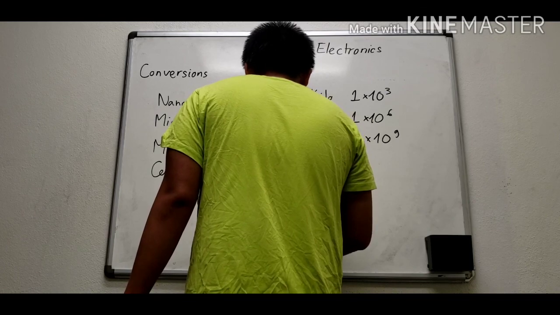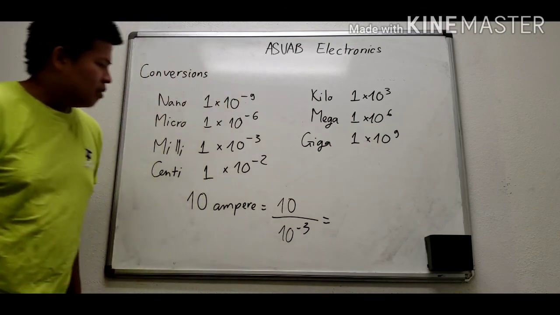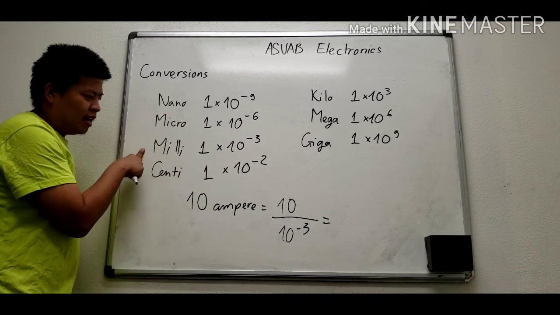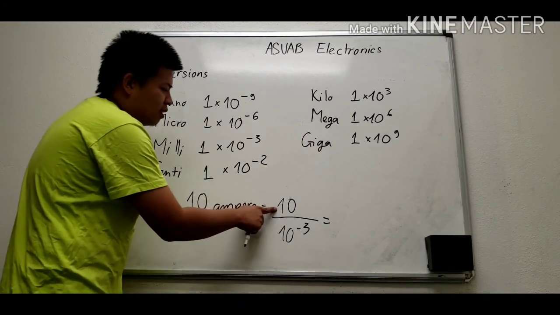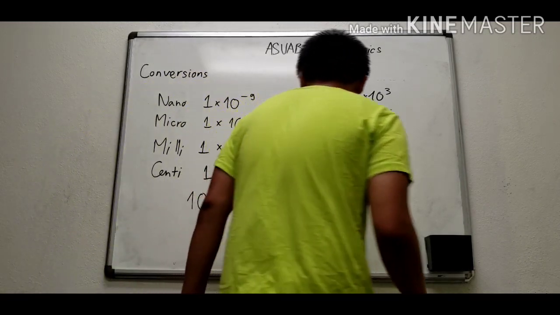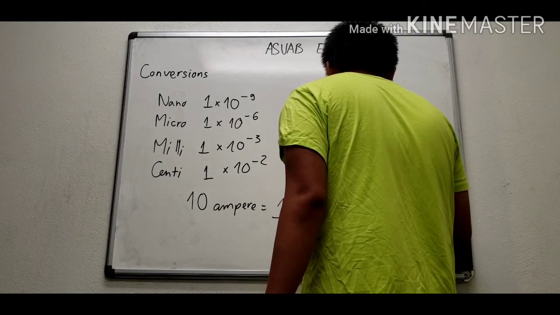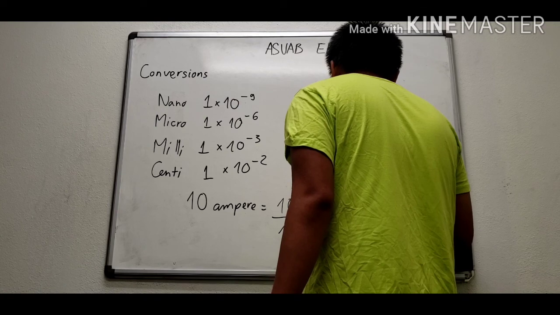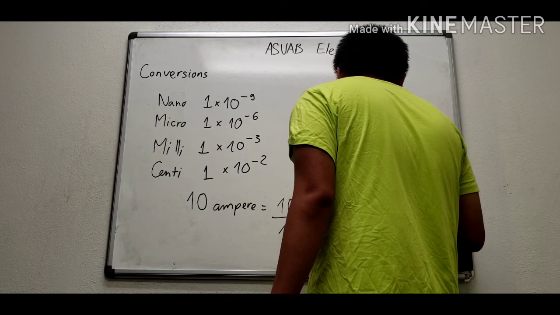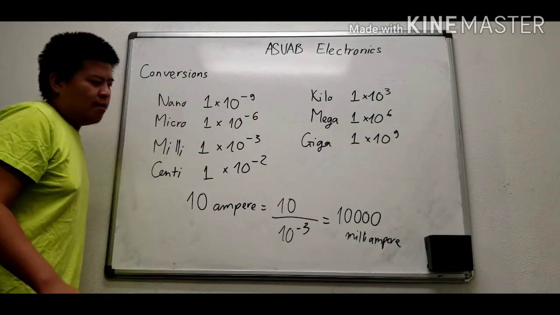We divide 10 by 10 power minus 3, because the ampere is a higher unit than the milli. So we have about 10,000 milliampere.